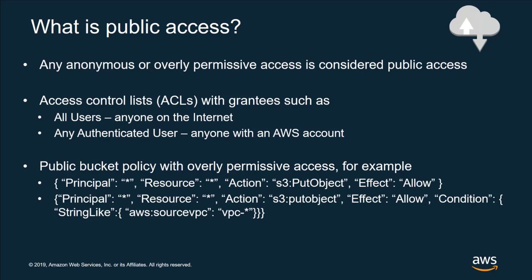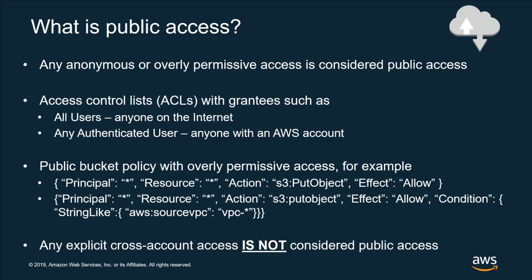Our documentation has more examples of what a public resource looks like. We use an automated reasoning engine to scan through our bucket policies and identify ones that we feel are overly permissive. And I'll talk about later how you can identify those.